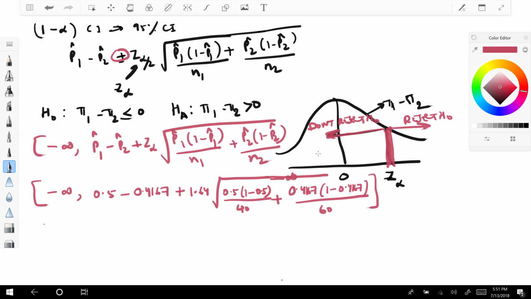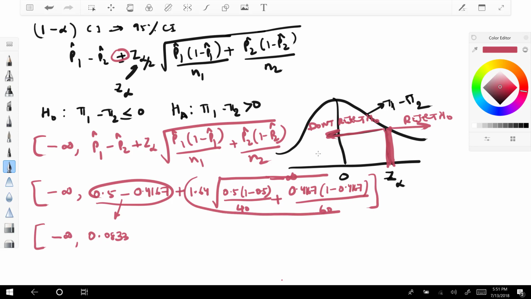If you calculate this, you get negative infinity to, for the first part, 0.0833, and the second part, which is the margin of error, would be 0.16645.